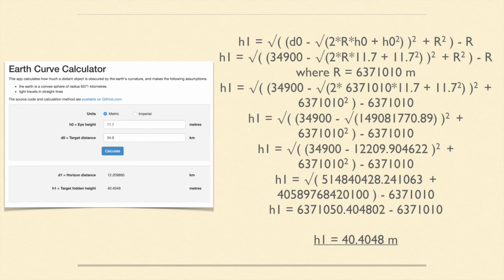So my calculation is about 0.1 millimeter off from the Earth curvature calculator. That's very little, but it can be caused by some rounding error somewhere. Anyway, we see that the Earth curvature calculator is calculating correctly. So at a distance of about 35 kilometers, and I'm standing 11.7 meters over the water, I should not be able to see 40.4 meters above the water at my target.